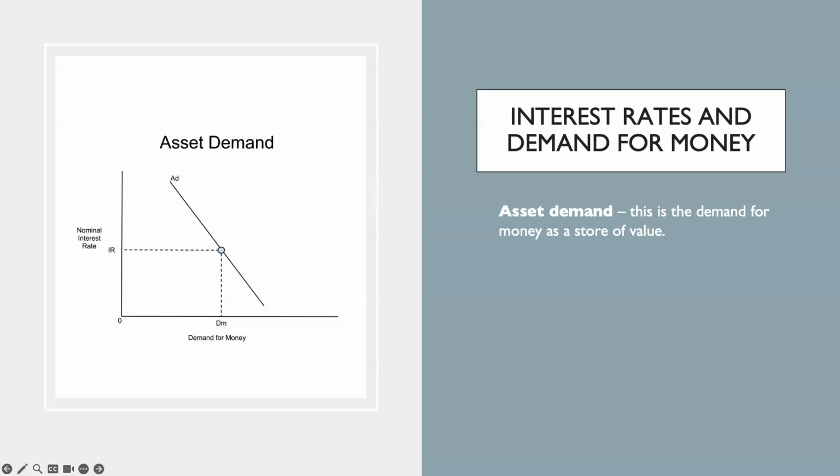So if the nominal interest rate that prevails is high, expect that the demand for money is low because you don't want to borrow money at such a high rate and use it to transact.